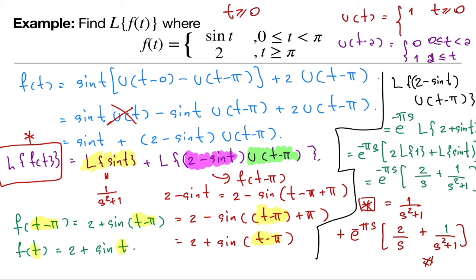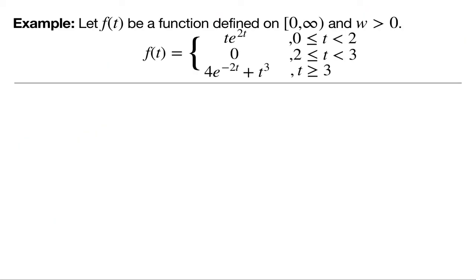So guys, you can try doing this one as an exercise. You first need to write down this function in terms of the unit functions. First let me change the boundary here to 1, here it is 1 to 2, and here it is above 2.